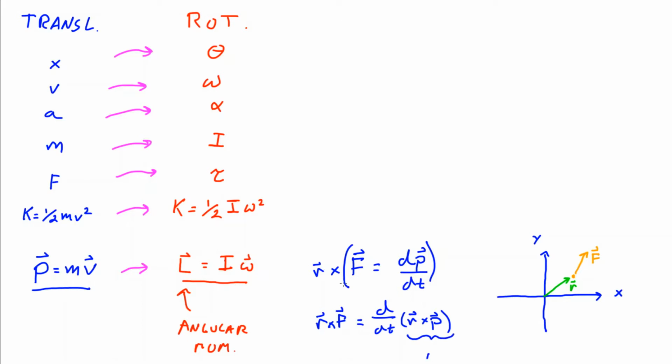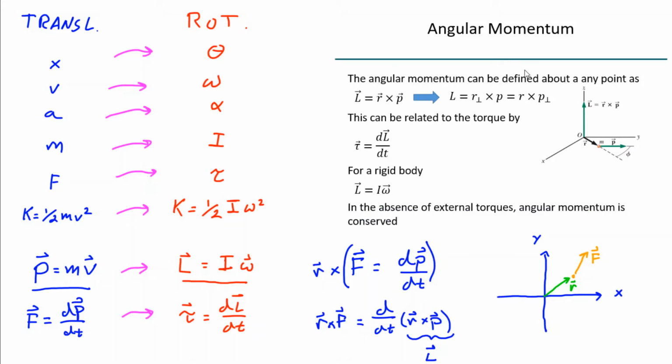So this is our other definition of angular momentum, L. This gives us an equation that is analogous to F equals dp dt. It gives us an equation that looks like this: torque equals dL dt.